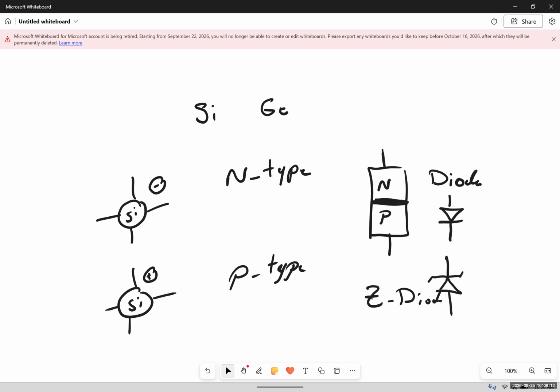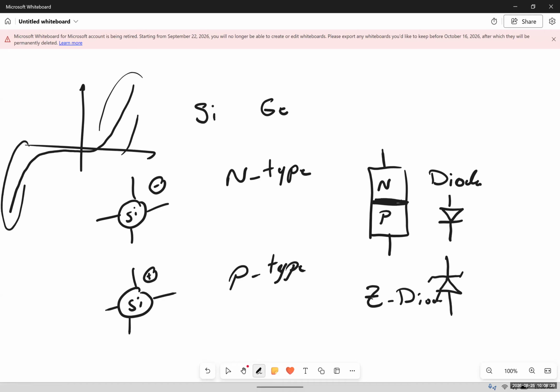So a Zener diode is used in reverse. If you may remember, the voltage current response for a diode looks like this. A normal diode works in this area, but a Zener diode works in the reverse. And it's used for voltage regulation.